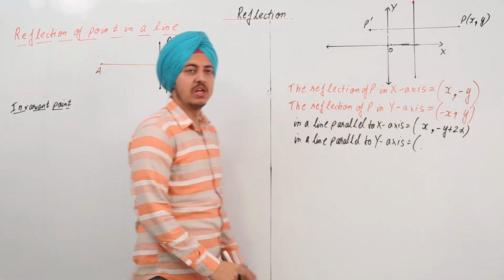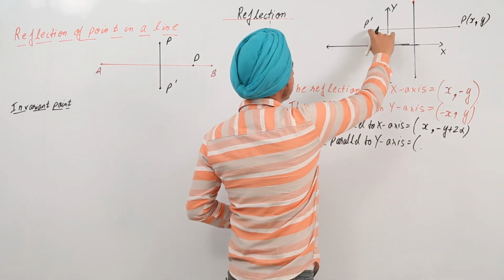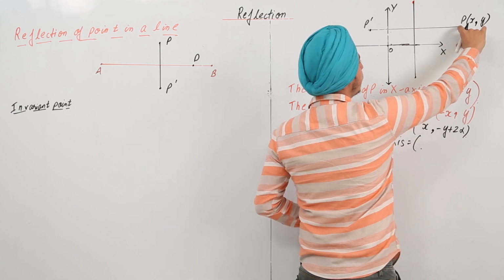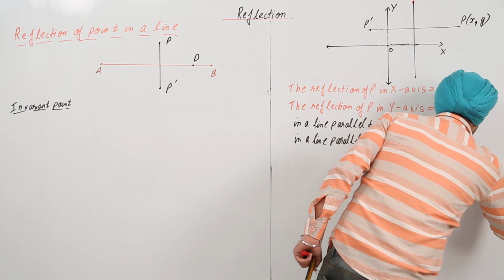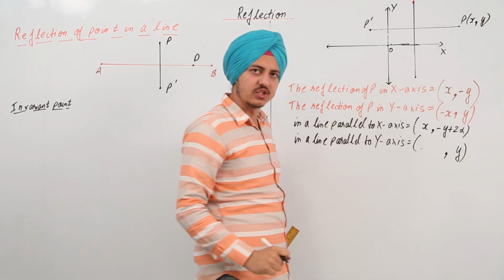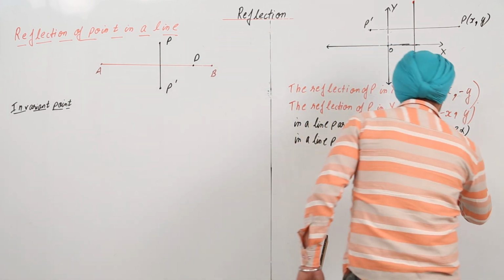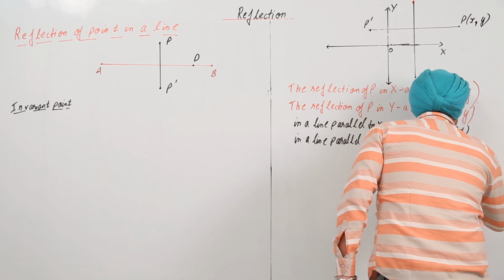Now if you see, the y coordinate again is going to remain the same, because this distance is equal to this distance. So I'll write comma y. We have to find the x coordinate. The x coordinate will be minus x plus 2 beta.